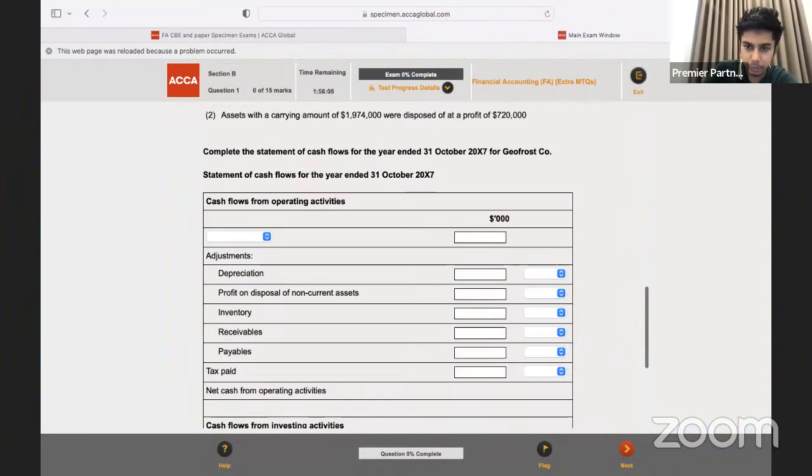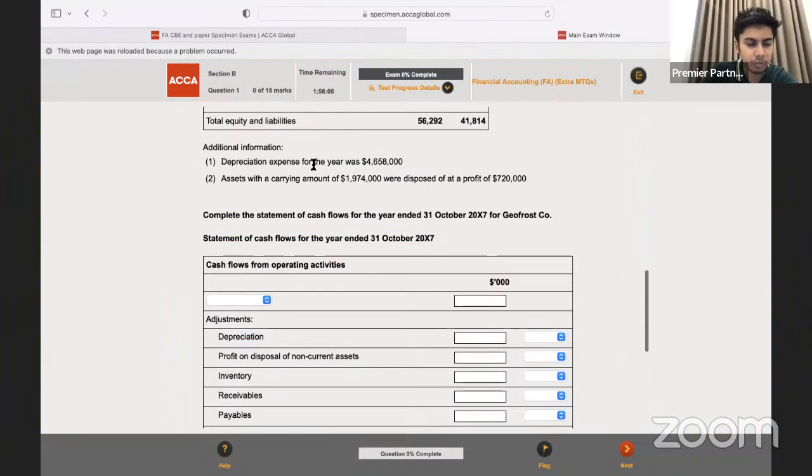Let me go up one more time. Right. Depreciation, always remember, will come under adjustments. Now remember one more thing. Depreciation is an expense. So normally under adjustments, any expense, we reverse it. Normally in accounting, expenses we subtract.